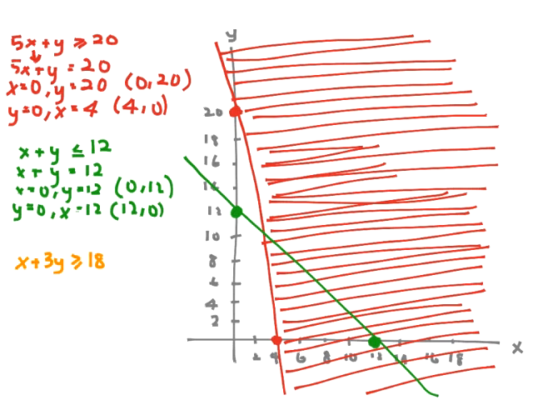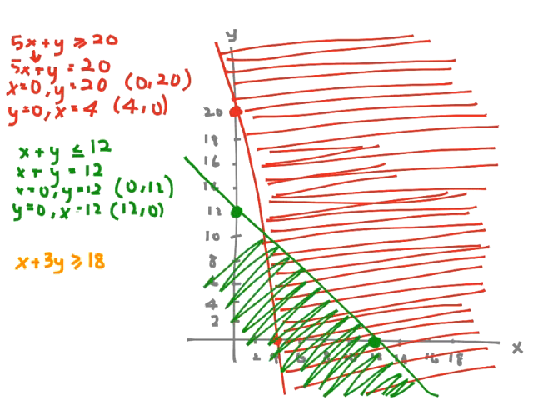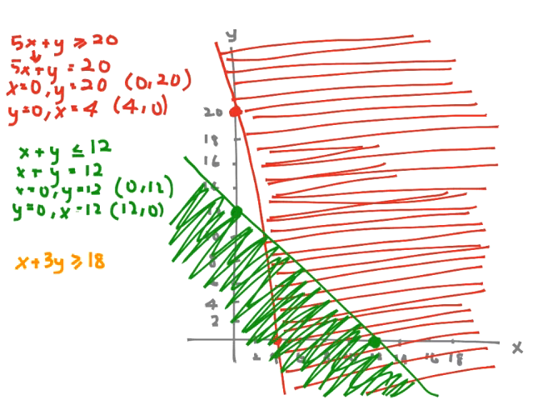So this point fulfills the inequality, meaning that this one will be a shaded area. Alright, so when we shade the area, we're done with the second inequality.